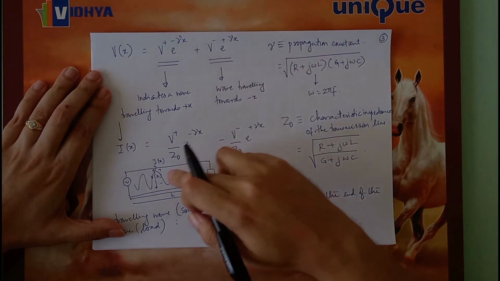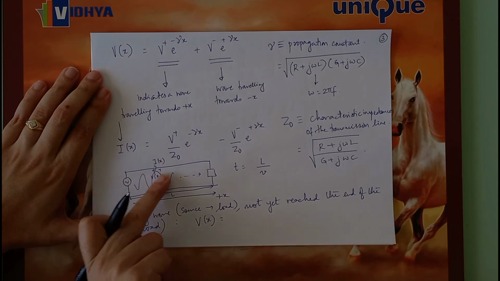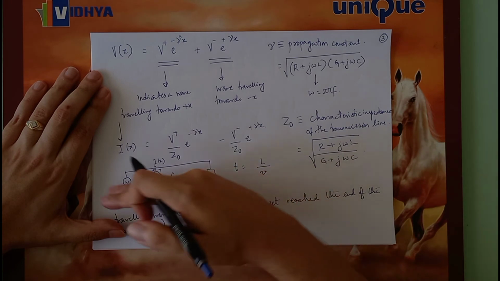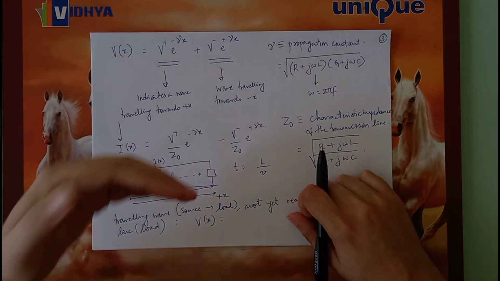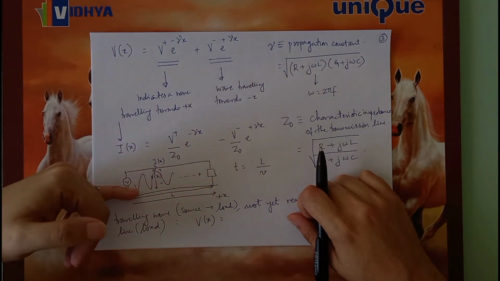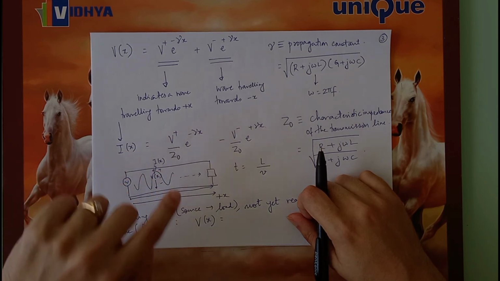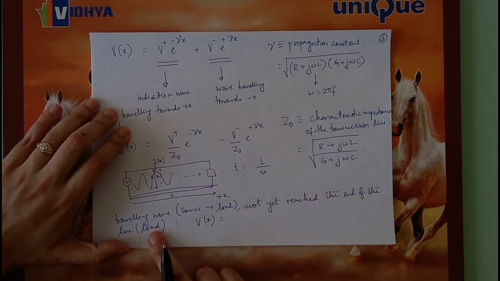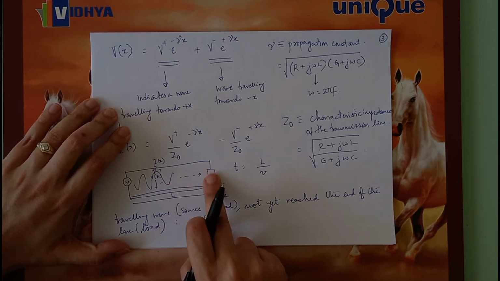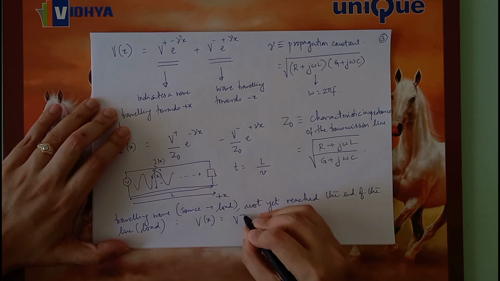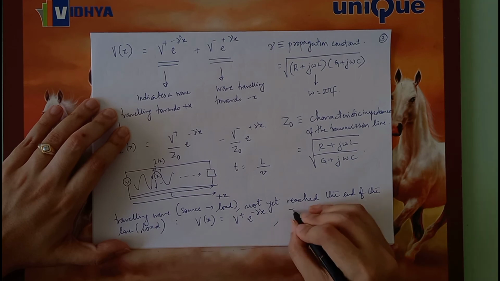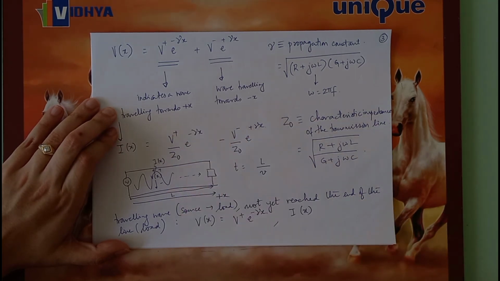No. Because until and unless the first wave hits the load, there can never be a wave that is traveling backwards. You cannot have a wave that is reflected from the load unless there is some wave that is incident first. So therefore, under such condition that the wave has not yet reached the load, v of x will simply be this. Likewise, it will be the same for the current, only this term will be there.